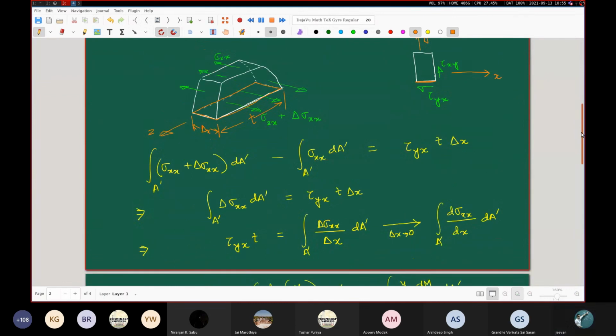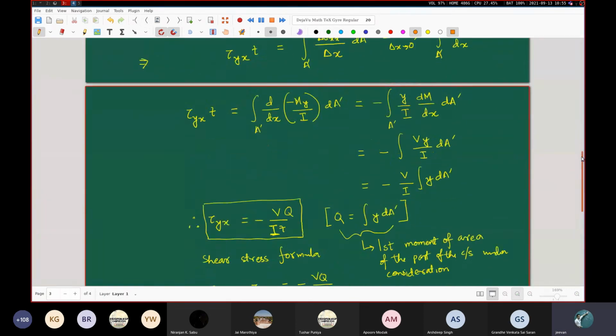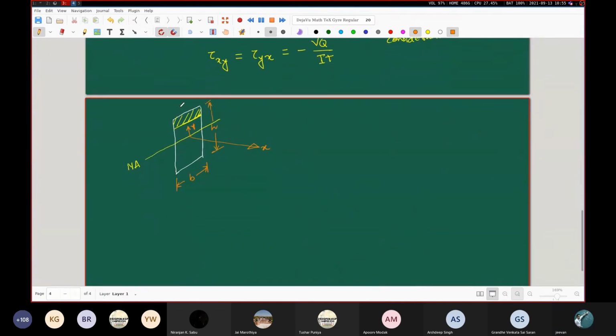Now, let us get back to our rectangle. We are interested in finding the shear stresses on this particular cross section, and we are going to appeal to this equality. Effectively, we would be finding the shear stresses on this horizontal plane.